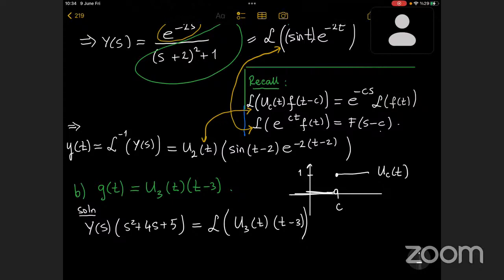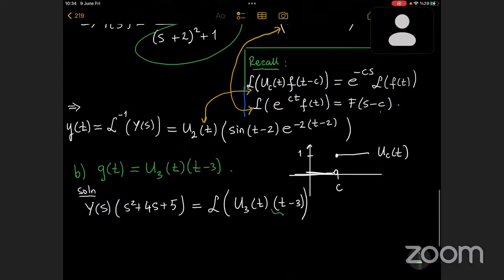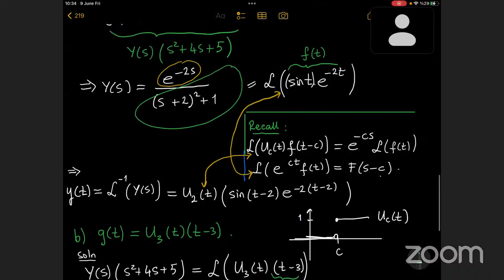We can think of this like f(t minus 3) is f of t minus 3. In that case, f of t is equal to t. And we use this formula here, let's call it star, and this is double star.